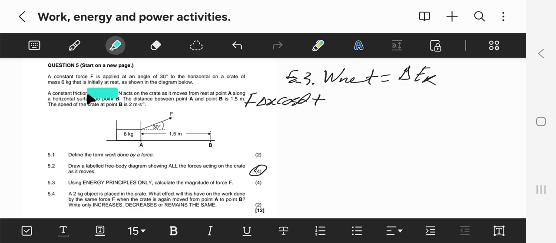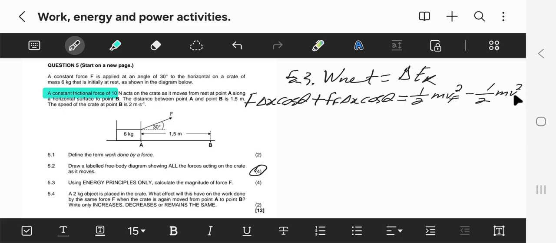If you recall, I was told that the force of friction is 10 newtons. So I'm going to write the work done by friction as F delta X cos theta. All of this will be equal to half mv squared final minus half mv squared initial. Then when I proceed, I'm going to substitute. F is what I'm looking for, but I do have delta X. Delta X is this displacement from A to B, which is 1,5.